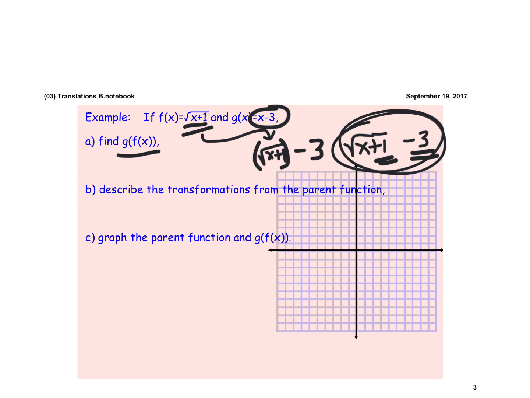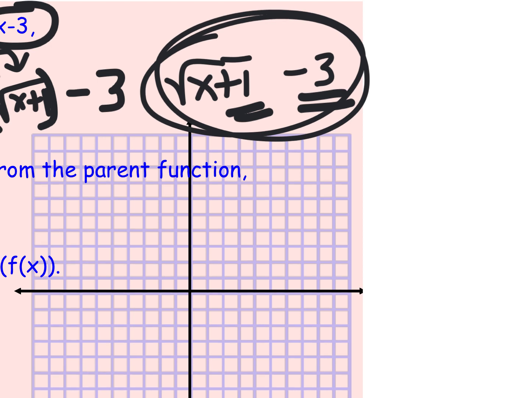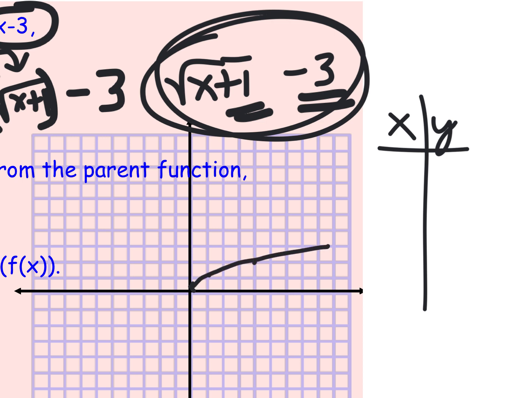down 3. And if I was going to graph it, oh, always, in my opinion, make an XY chart. Could you memorize the parent points of the square root graph and then have to move them every time, all these different places, like 1 to the left and down 3? You could, but in my opinion, so much easier to just pick some points logically, like -1 works really well, because then you have 0 minus 3 is -3.